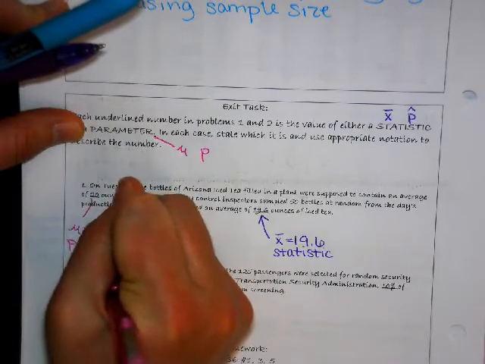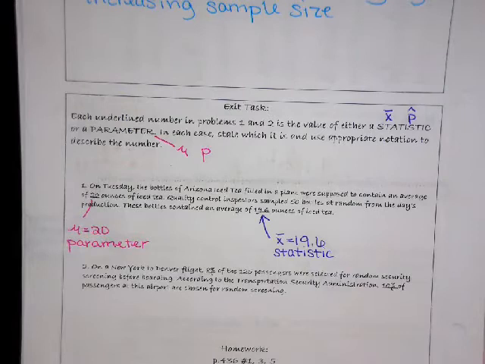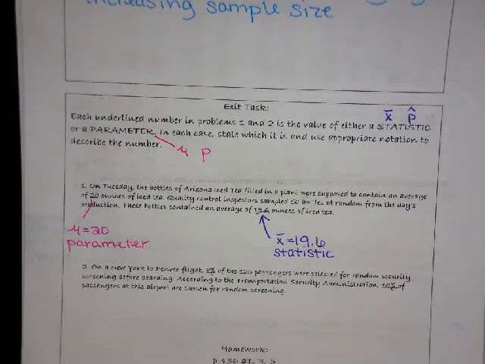Any questions before we look at the next one? By the way, you don't have to put statistic or parameter. I just did that to hit home that we're distinguishing between the two right now.